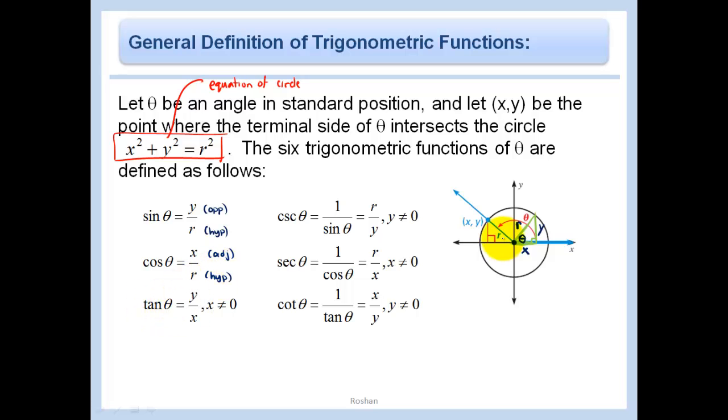And our tangent is just going to be opposite over adjacent. I do want to make sure that the x does not equal 0, so we don't divide by 0. The cosecant, we just flip it, we get r over y. The secant, we just flip this, so we get r over x. And the cotangent, we flip this and we get x over y.